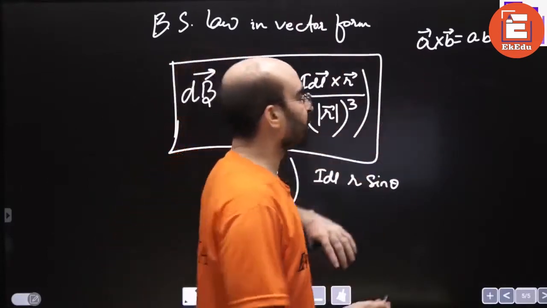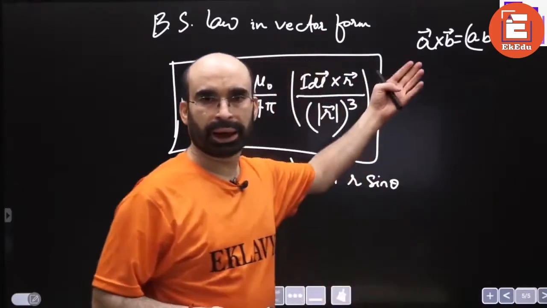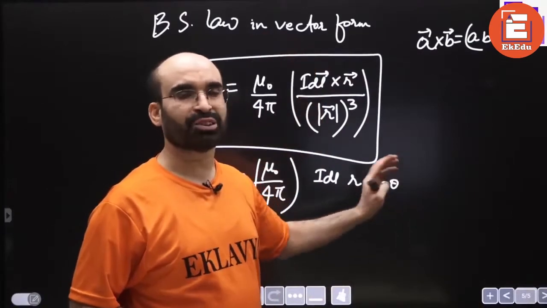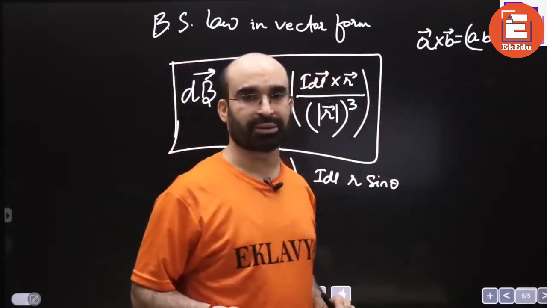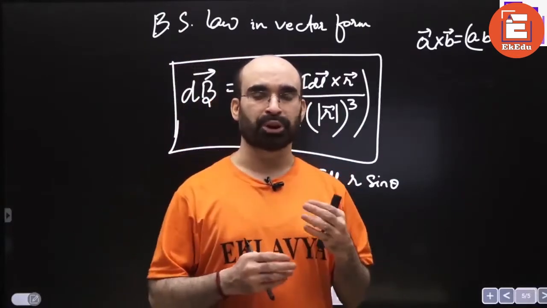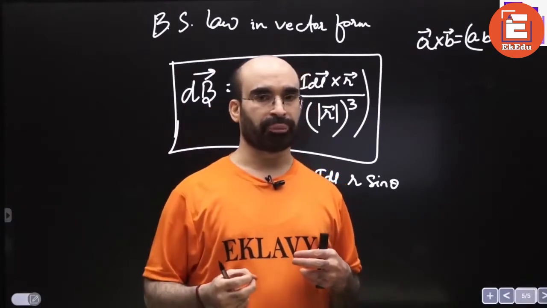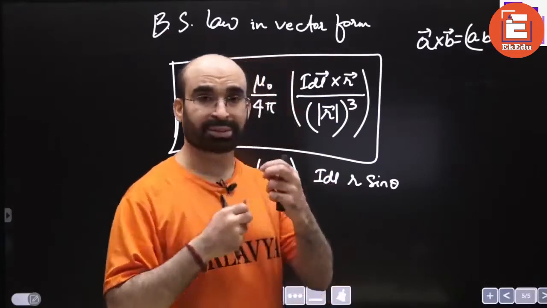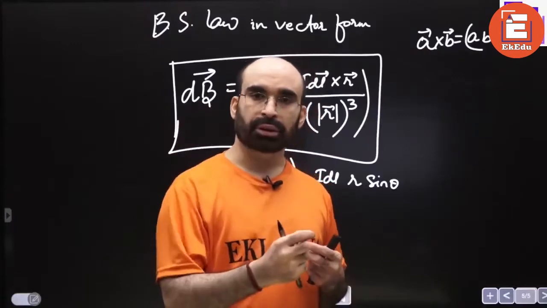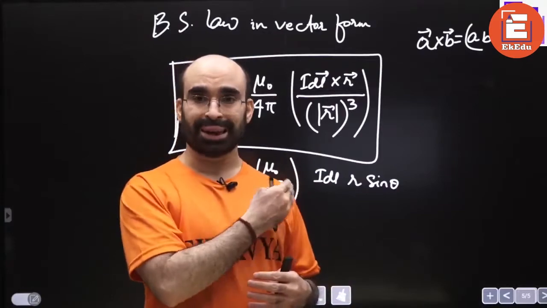Since it is a vector, the direction of the vector would be along n cap, the vector which is perpendicular to these two vectors. We are aware of that. That's why I told you in this particular chapter, this concept of cross product is required. I would advise, if there is some difficulty in understanding that, go and first learn that, practice it enough, then things will get easier for you.